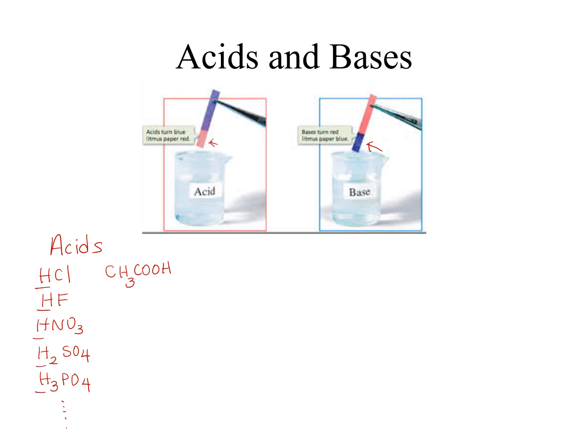So let's define an acid, and we are going to use the Arrhenius definition of acid. According to this definition, acids are substances that produce protons or H plus ions in water.